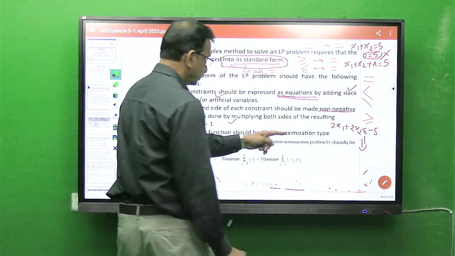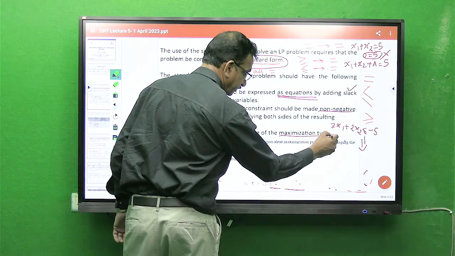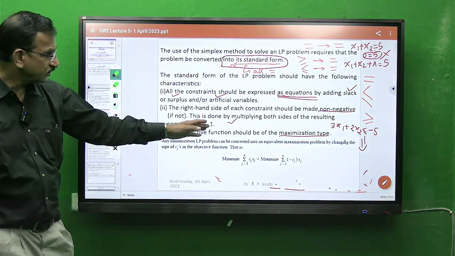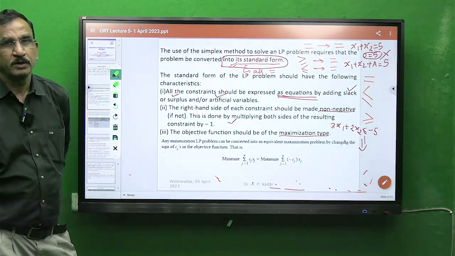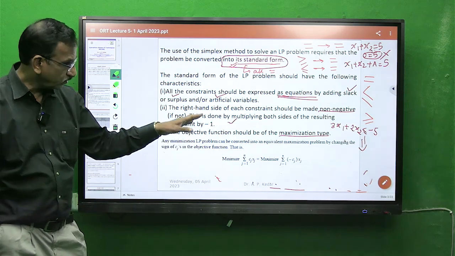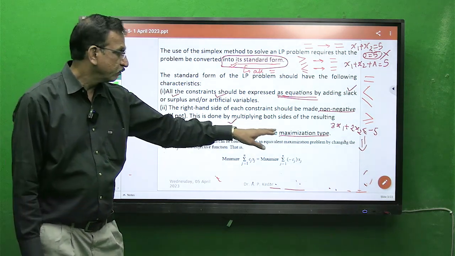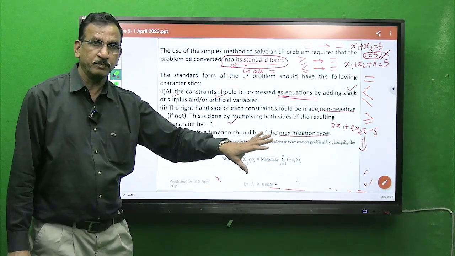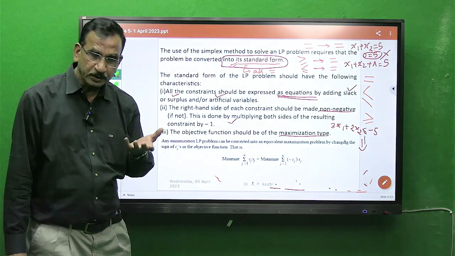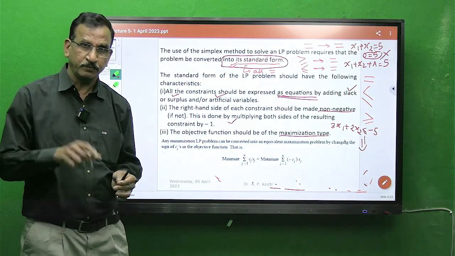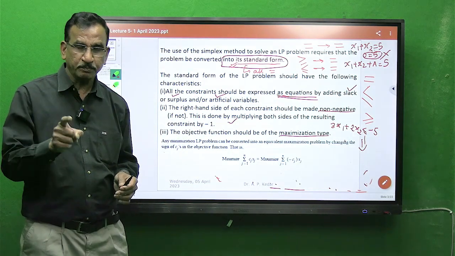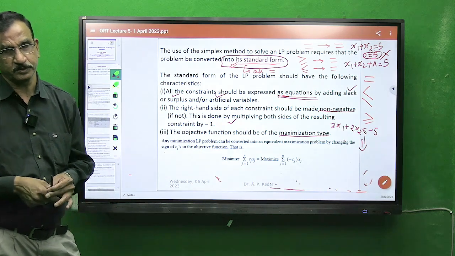And third, the objective function should be maximized. Now this condition is given because we are going for one method wherein we are interested to solve the problem in the category of maximization. We can definitely solve the same problem by the logic of minimization.